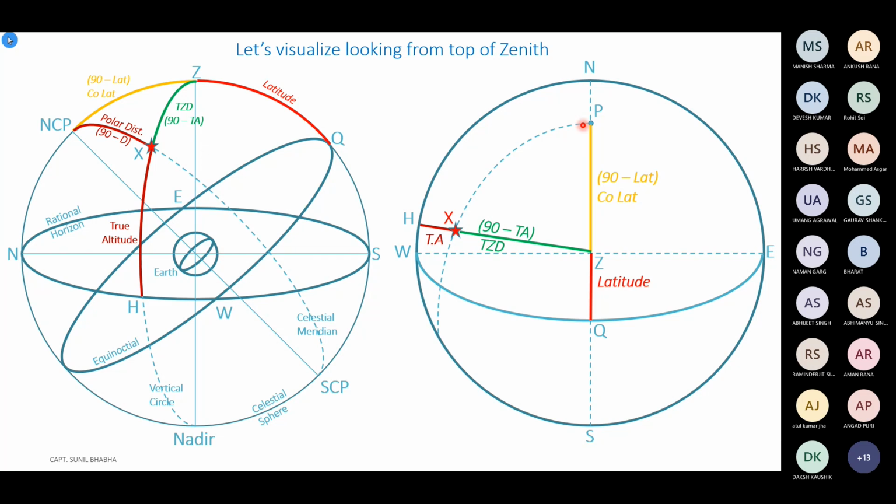So you see, passing from the pole, going further up to point X, and eventually going up to the rational horizon. This represents the celestial meridian of the body.